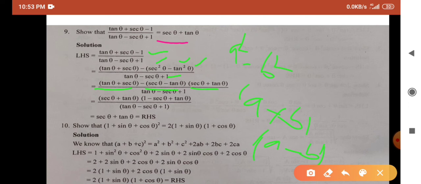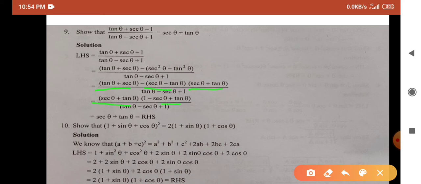Now here sec theta plus tan theta, sec theta plus tan theta, the two terms are common. Therefore take sec theta plus tan theta outside. Inside what we get? 1 minus, already sec theta minus tan theta is there, so sec theta minus minus plus tan theta. Got it?